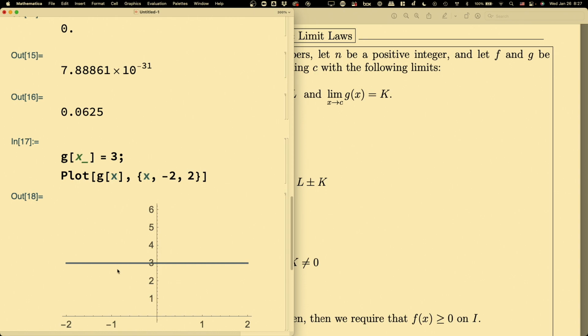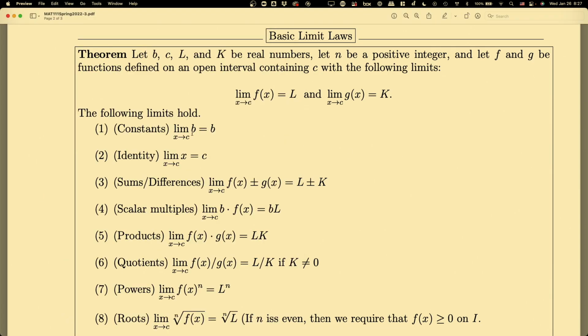They're 3 everywhere. It's a constant function. And so what is the limit of a constant function as you approach some number c? It's just that constant. Does that make sense? So the first two, like I said, are easy.